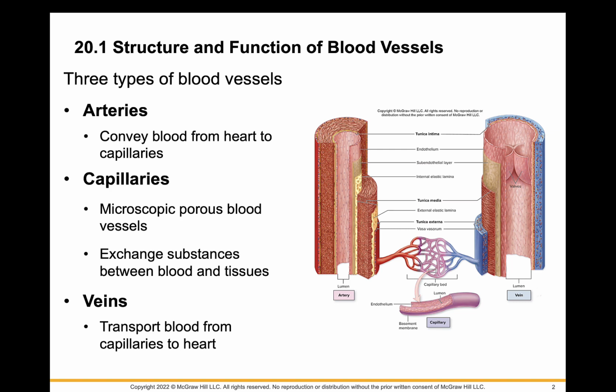Here, we're actually throwing in a capillary bed, which makes sense because that's kind of connecting the two together. Capillaries are going to be microscopic vessels, and this is where exchange is actually taking place between blood and tissue.